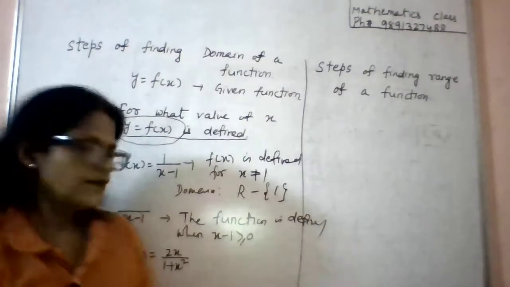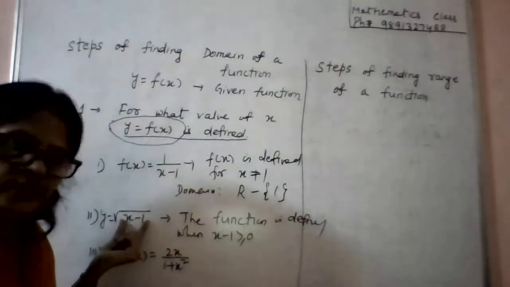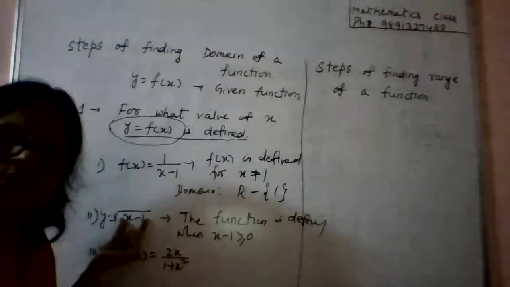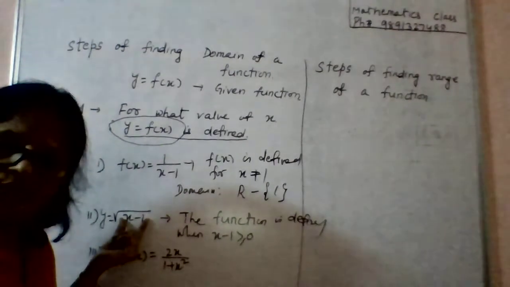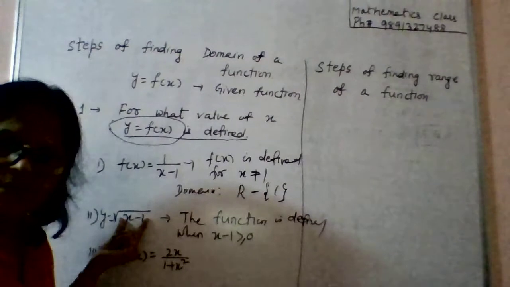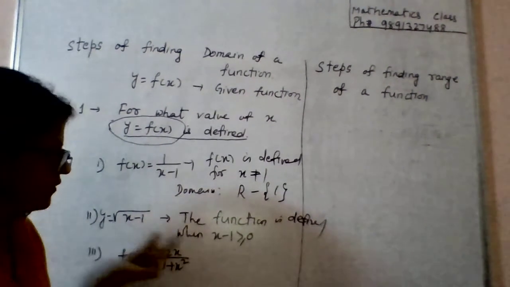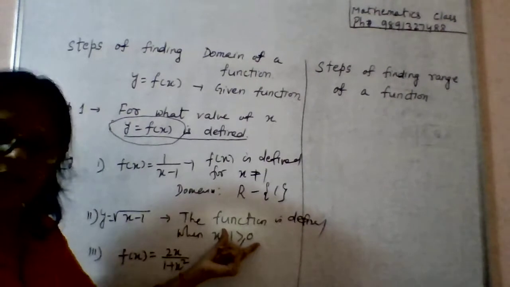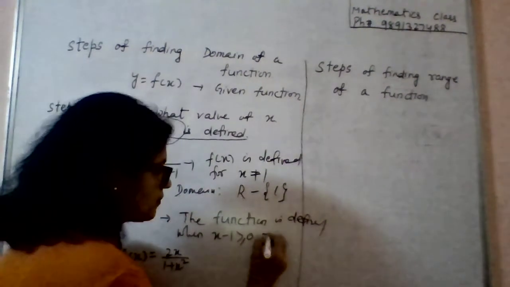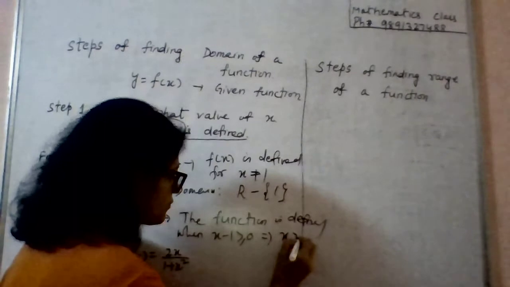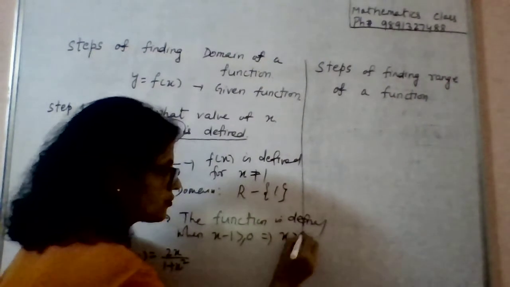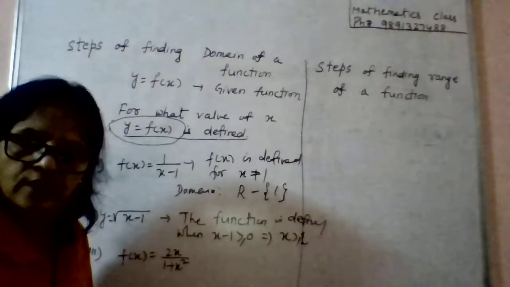So this term within the square root should be non-negative. It should not be negative. So x minus 1 greater than or equal to 0. It means x greater than or equal to 1. So the domain of the function is what?